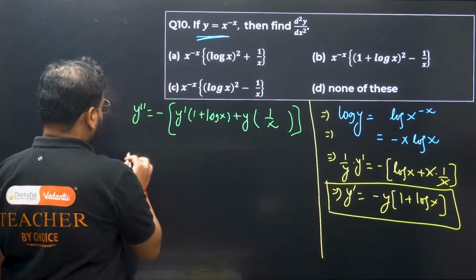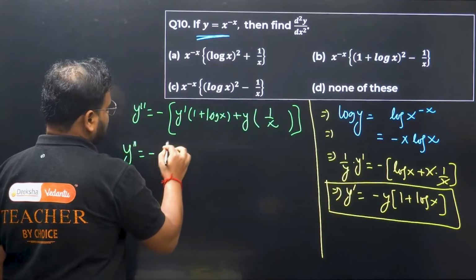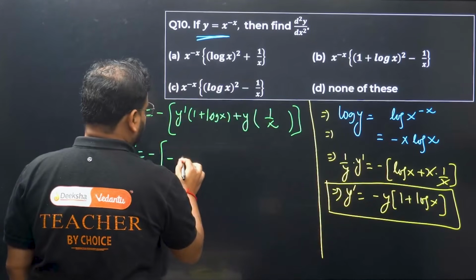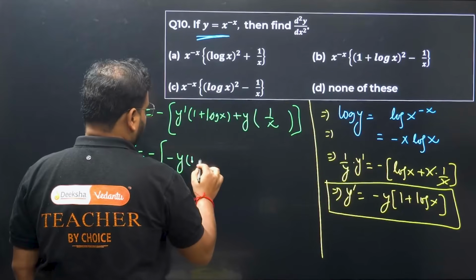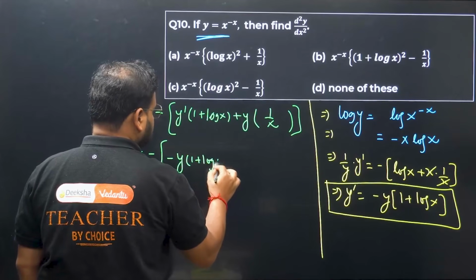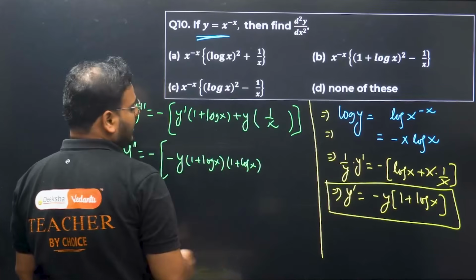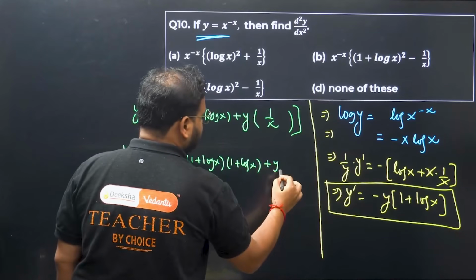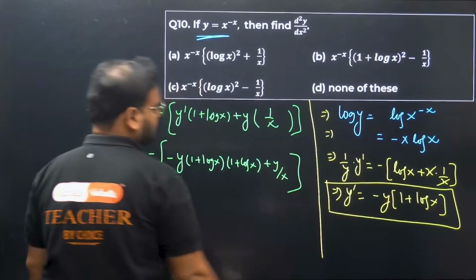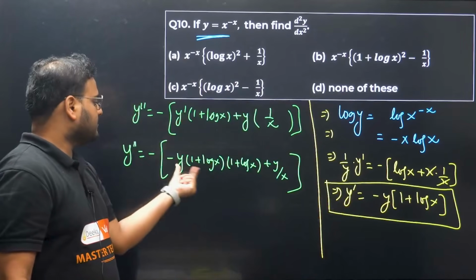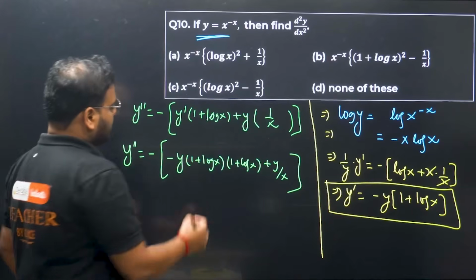Substitute the values that you have now. Minus is outside. Y dash is minus y times 1 plus log x, times 1 plus log x, and plus y upon x. I'm putting this value in place of y dash. You can see this is a whole square.